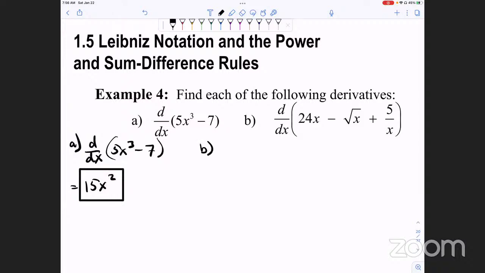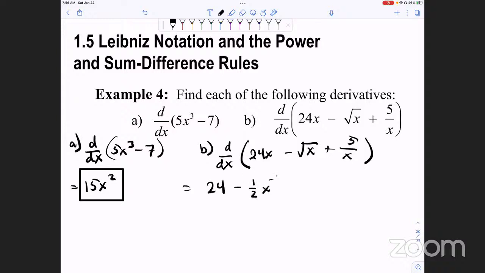For part E, we have d/dx of 24x plus the square root of x plus 5/x. The derivative of 24x is just 24. Remember, the square root of x is x to the power of a half, so that 1/2 comes down, and we get x to the power of negative 1/2.